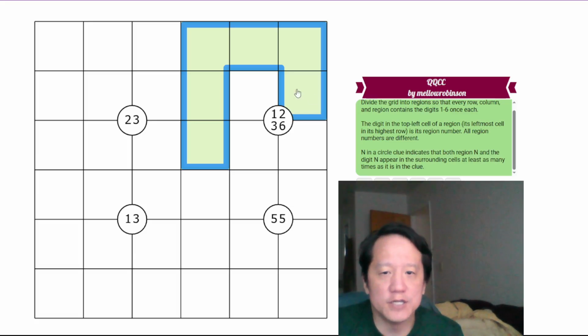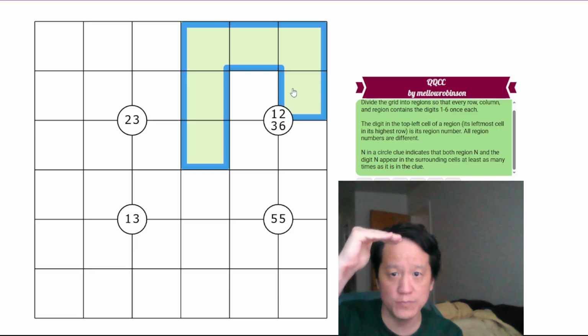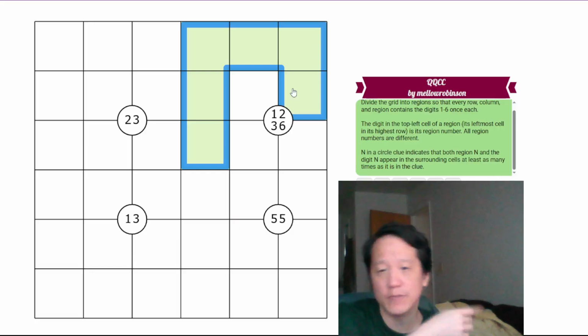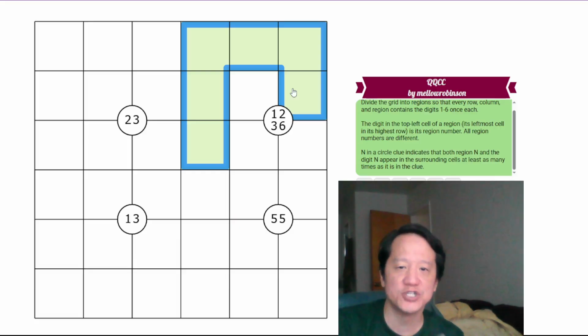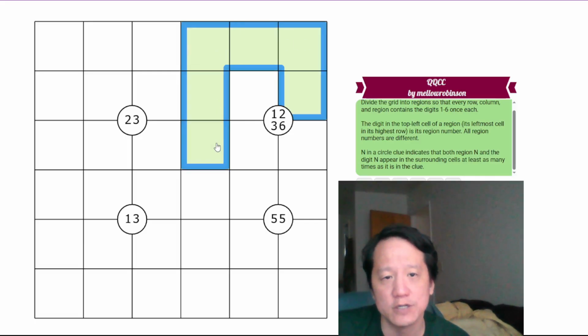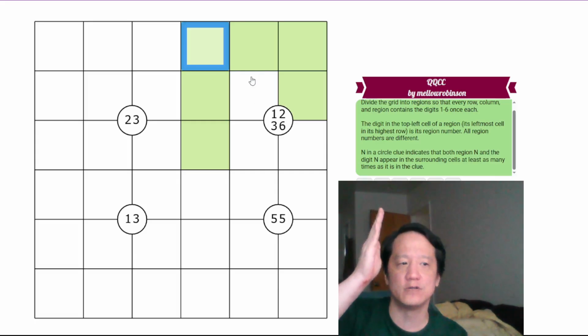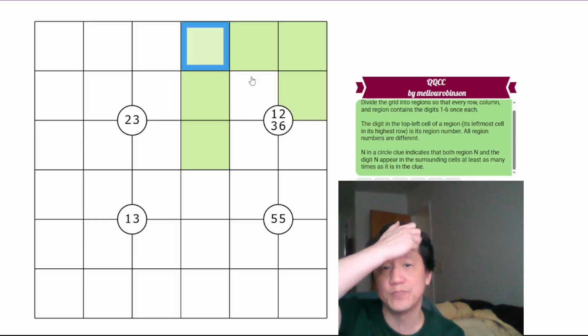The digit in the top left cell of a region, that is its leftmost cell in its highest row, is its region number. And all region numbers are different. So in this region, this would be the region number because it's the leftmost cell of the topmost row, right?